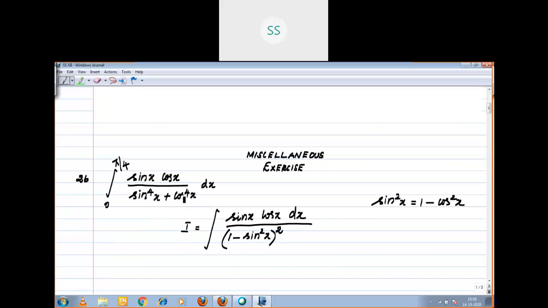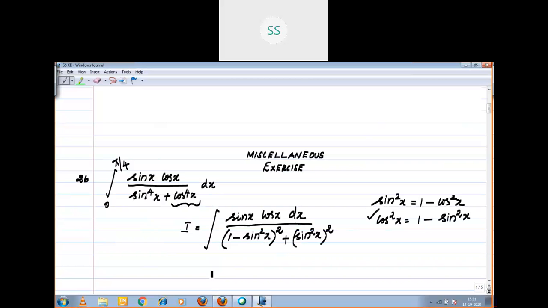Cos power 4x can be replaced as cos square x the whole square, where cos square x equals 1 minus sin square x. Here I use the second identity. The cos power 4x, I wrote as 1 minus sin square x, the whole square.